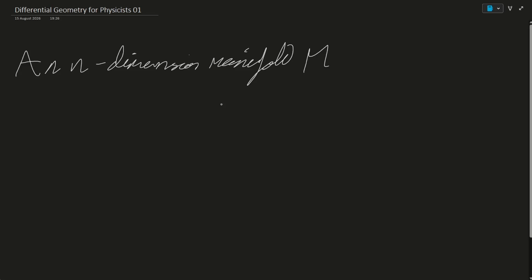This prevents pathologies like one point splitting into two. And second countable ensures that our space isn't unreasonably large, which means that we can cover it with a countable number of coordinate patches. Again, these are fairly abstract ideas.